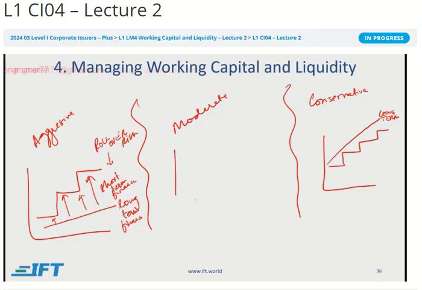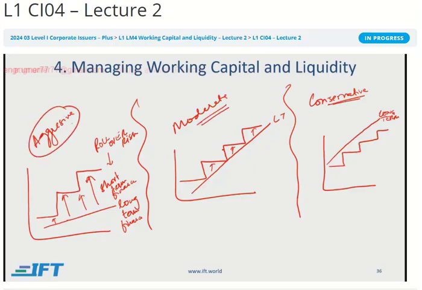And then of course you can have a moderate approach where your long term is very carefully going up, and then the short term peaks you are financing with short term. So that is a good approach, of course, moderate. And conservative is also a good approach. Aggressive is definitely not that good an approach.